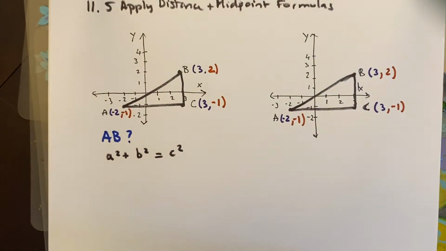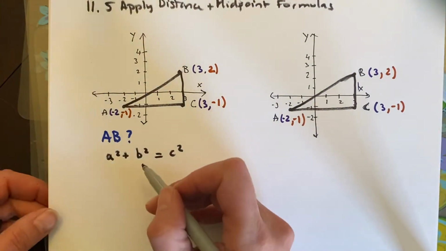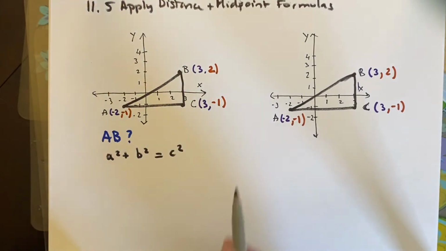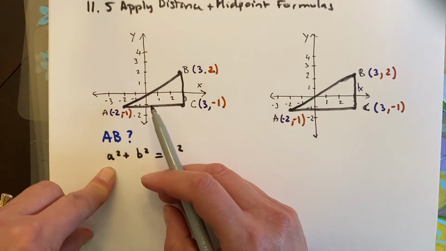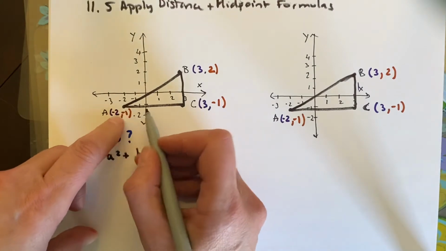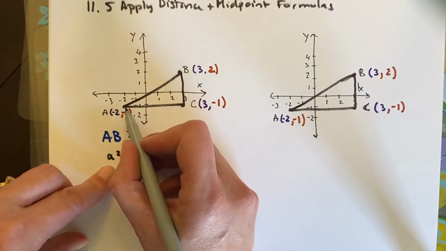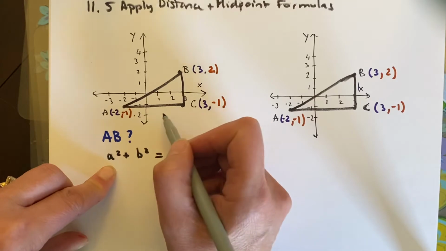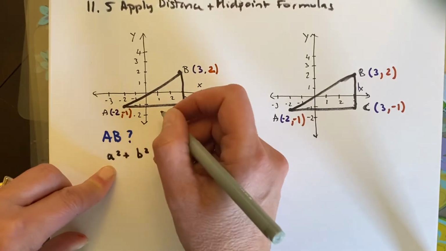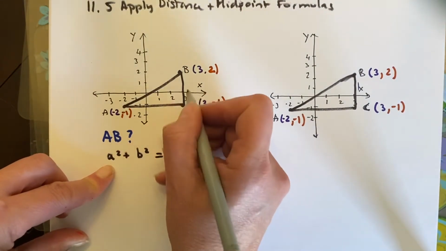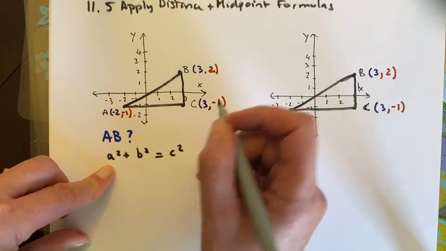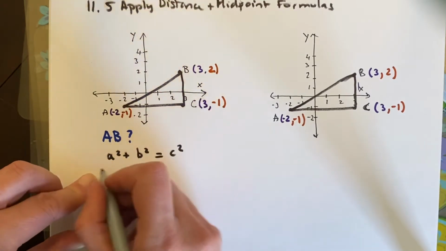I just need to find what's the value of a and what's the value of b, but I'm in a coordinate system. These are the legs, a and b. So I will label them this as a and that as b. And so this is the length AC.